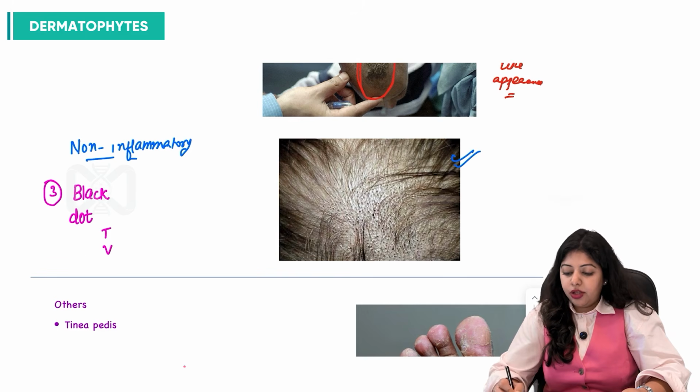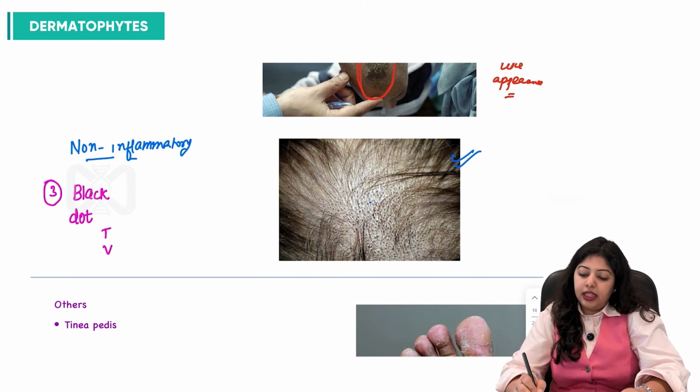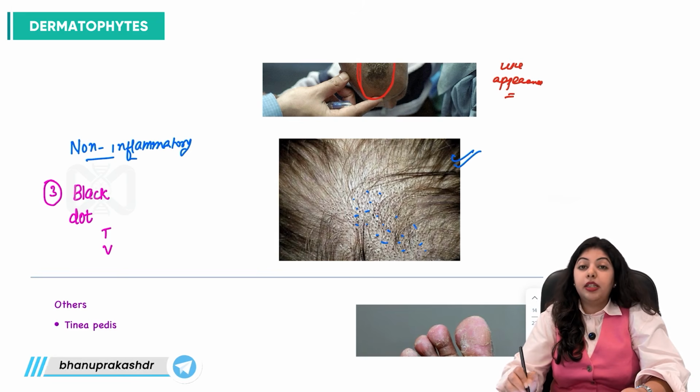Now talking about the non-inflammatory type of Tinea capitis infection, this is the black dot. In this particular image, can we see these small black dots? These are nothing but the broken hair follicles.